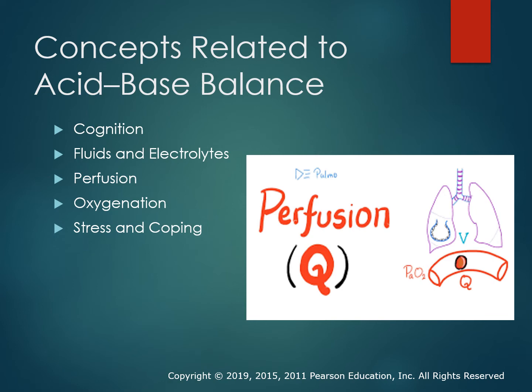Chronic respiratory acidosis can manifest in impaired memory and/or personality changes. Metabolic acidosis resulting from fluid or electrolyte imbalance can be particularly dangerous, especially in the case of diabetic ketoacidosis or DKA.